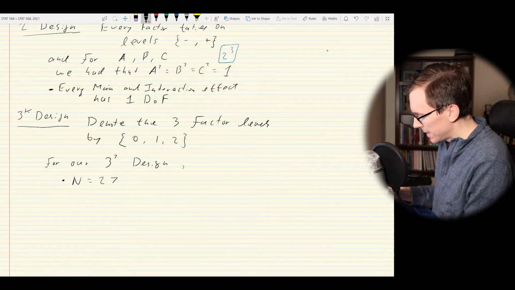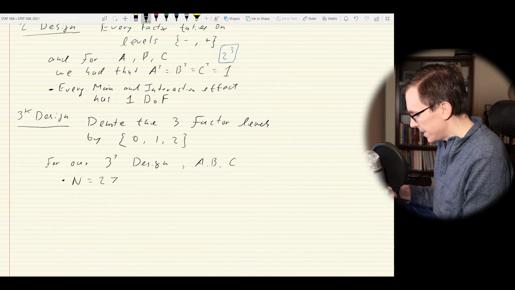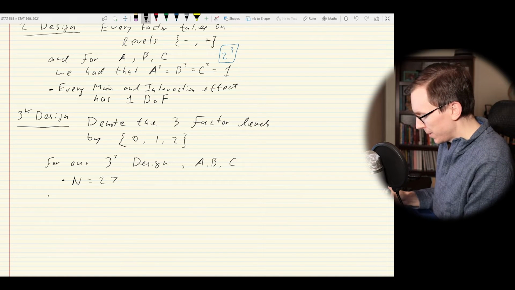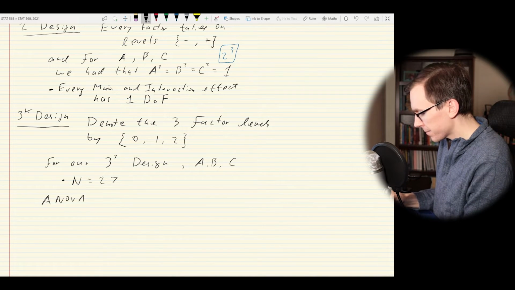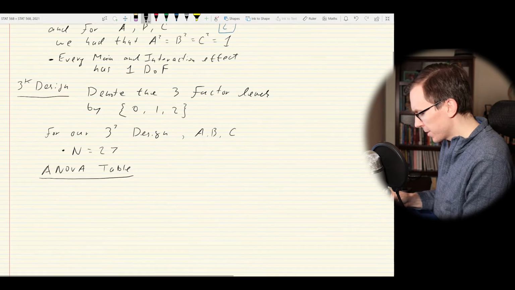What would happen if we, let's say we have factors A, B, and C again? Well, what happens now if we look at our ANOVA table? What we would find is, a couple things.